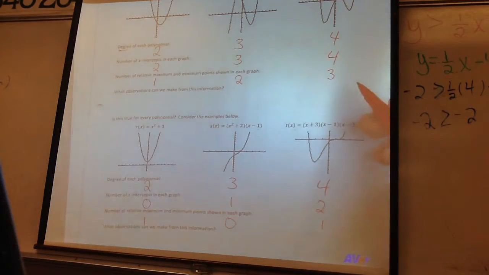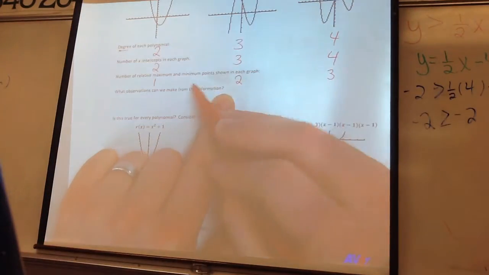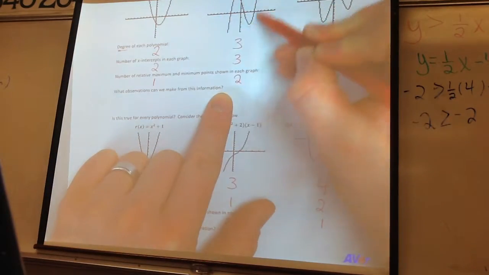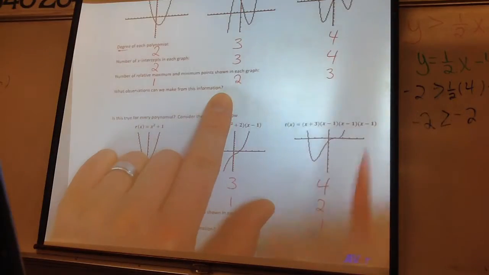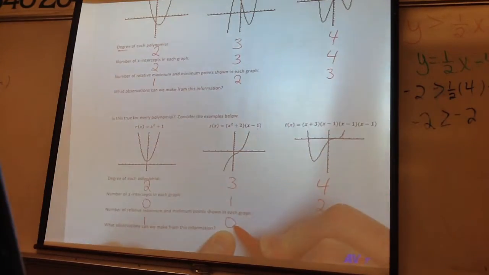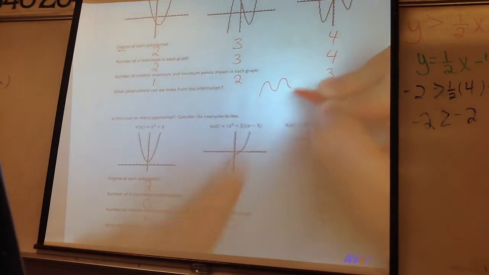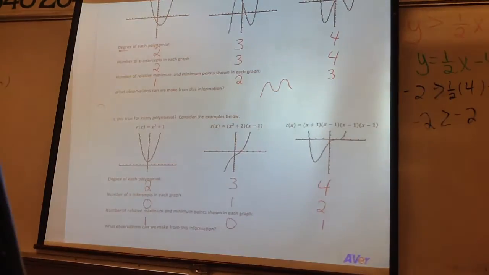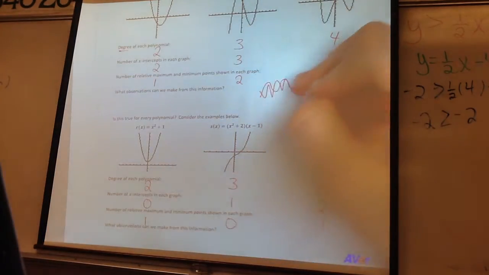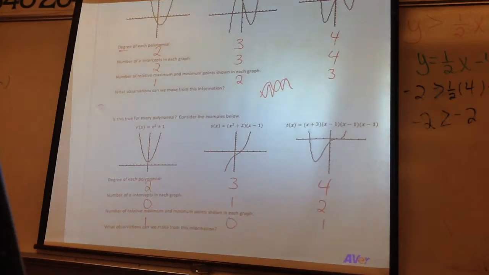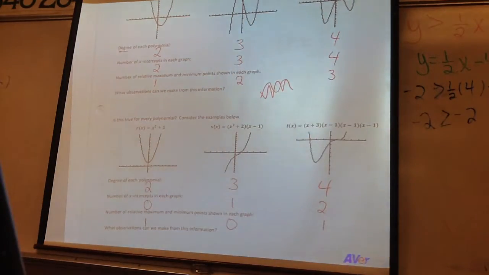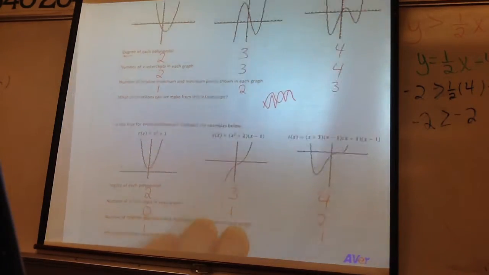It just tells you the maximum number. If it's an x to the third, you're going to have at most 2 hills or valleys. You're never going to have more than that. You might have 0. It's never going to turn around 3 times like that, like 1, 2, 3. That'll never happen. So it just tells you the maximum number of curves and the maximum number of x-intercepts. Does that make sense?